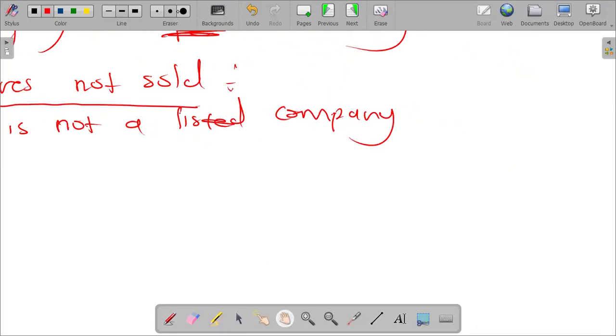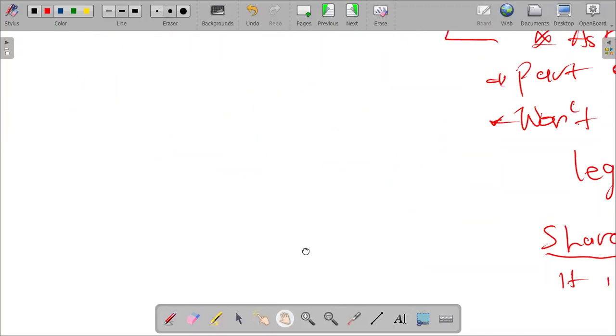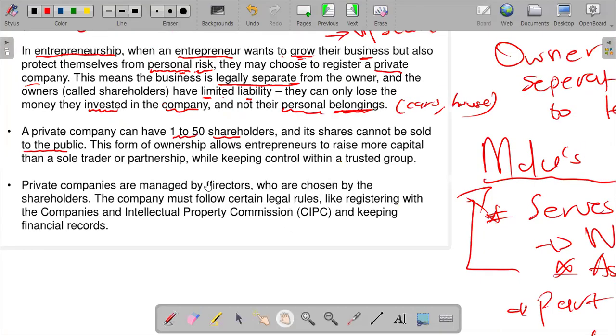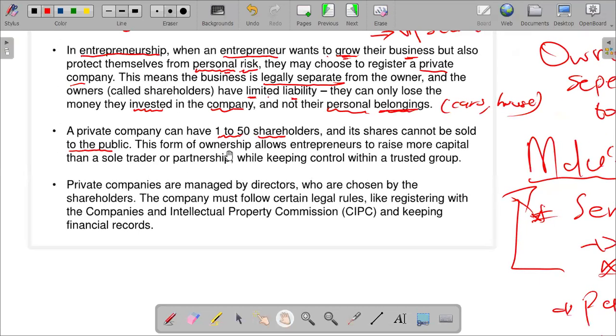I'm waiting for your answer. Yes, correct. At the Johannesburg Stock Exchange. So that's where you list a company, but a private company is not listed. So its shares cannot be sold to the what? To the public.